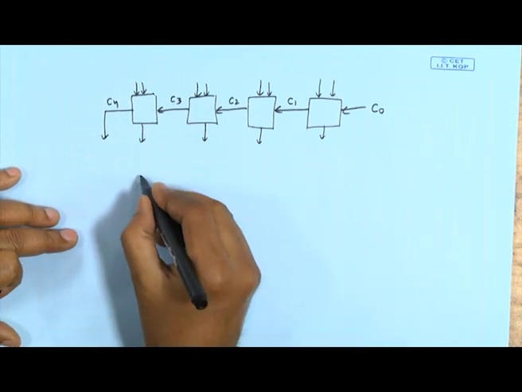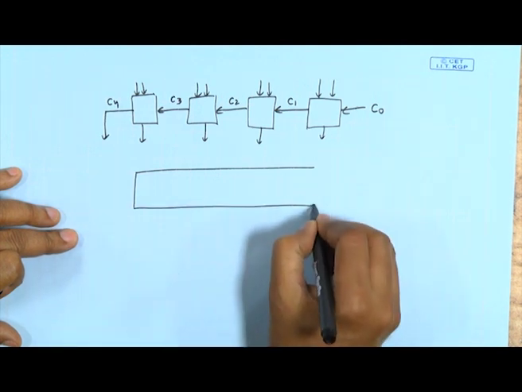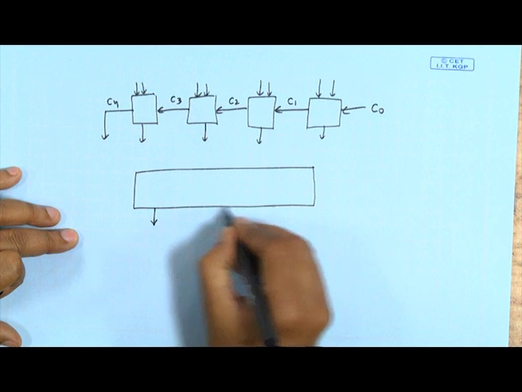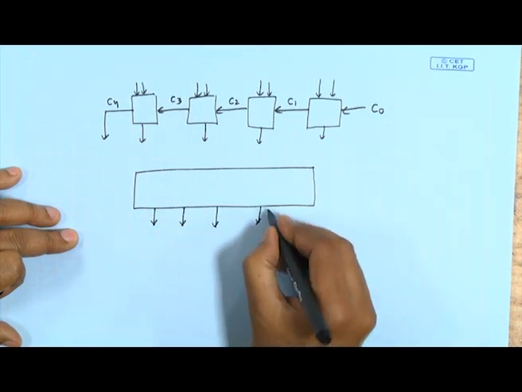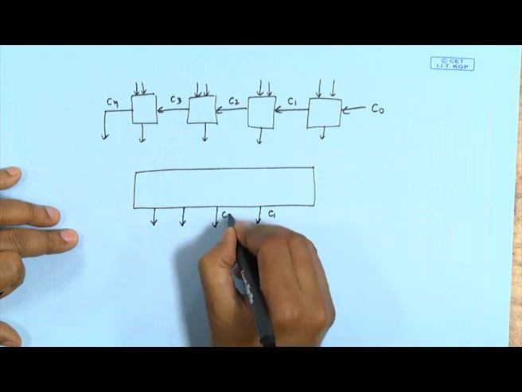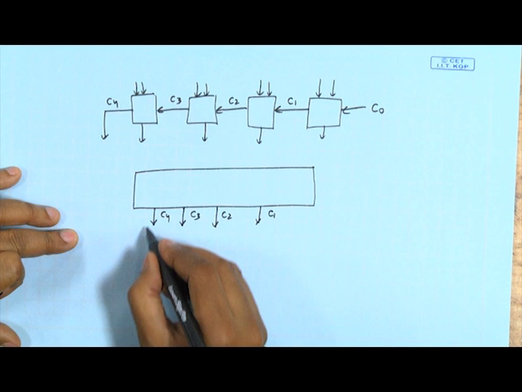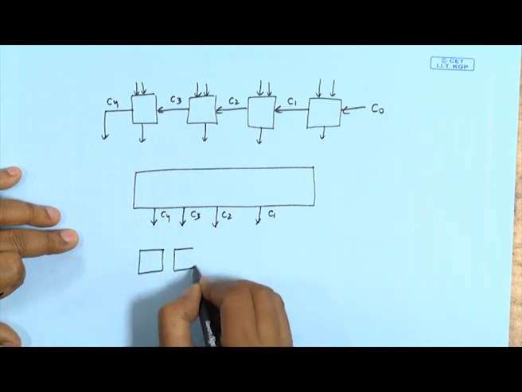Now, what we are saying is that we propose to design a separate combinational circuit that will directly generate my C1, C2, C3 and C4 values, and then I will have 4 full adders.